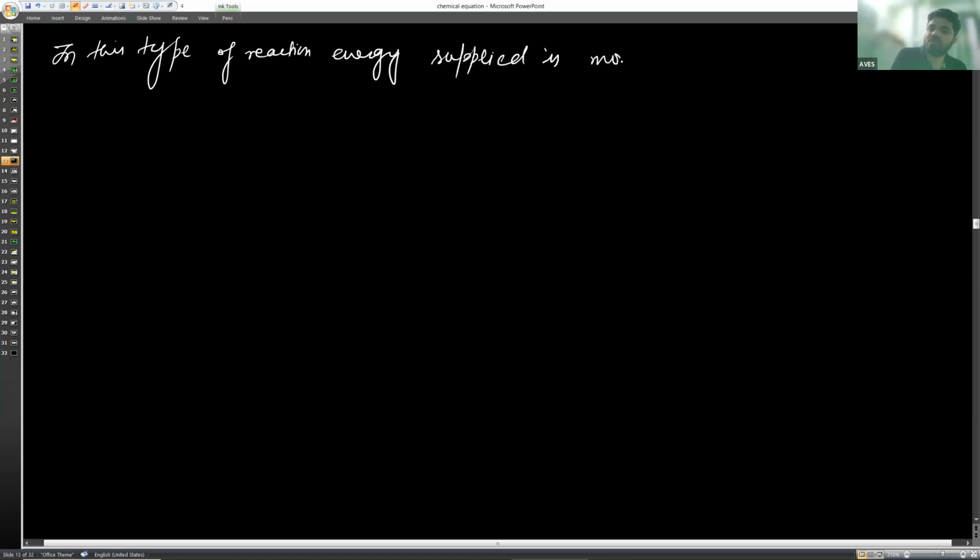So we will write here: in this type of reaction, the energy supplied is more than the energy released during the reaction.